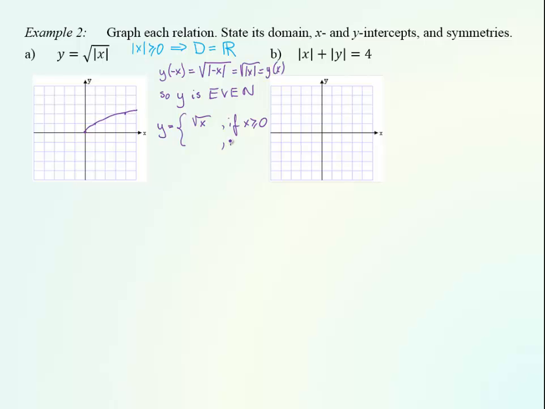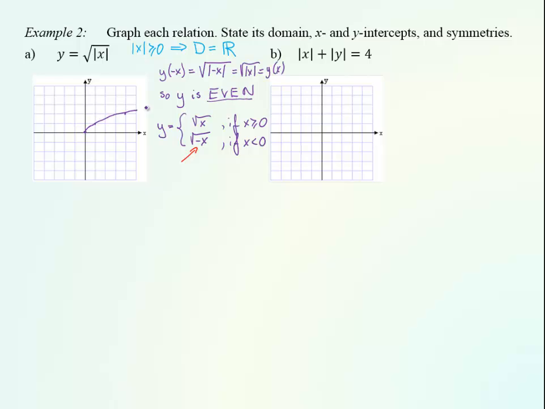The other branch, if x is actually negative, then to drop absolute value we have to switch the sign, so we end up with square root of negative x. Then this minus by the x really causes this part of the graph to be reflected to the other side in the y-axis. And this is not a surprise since the function is even.